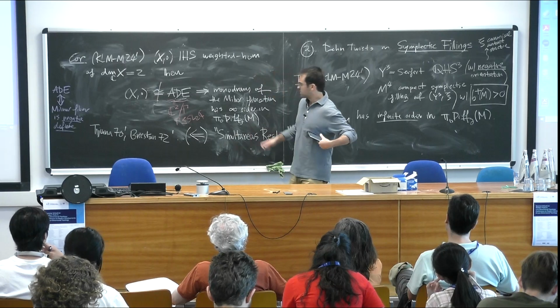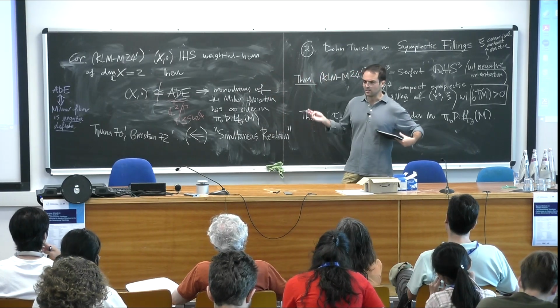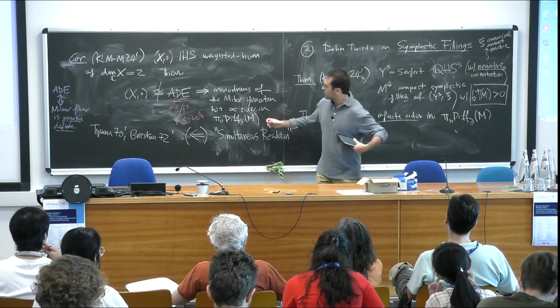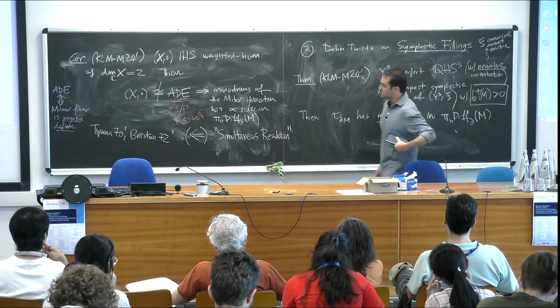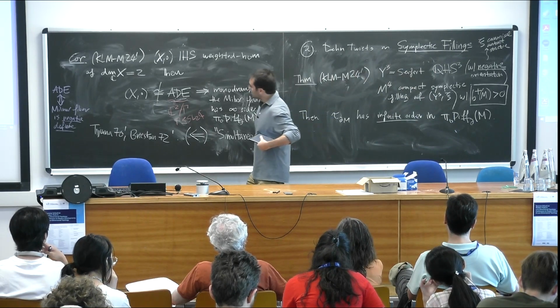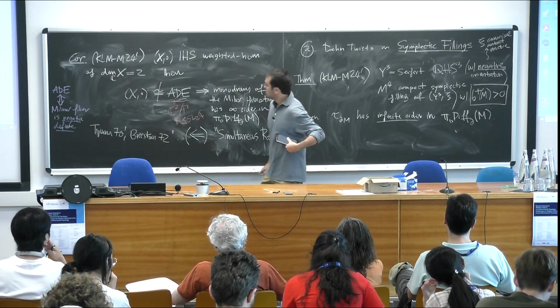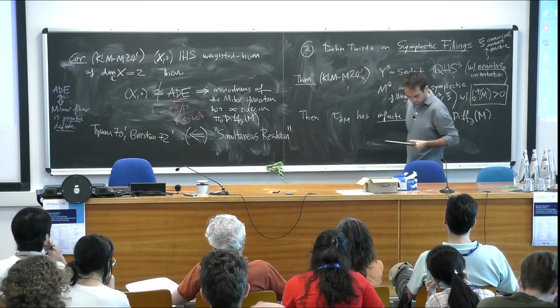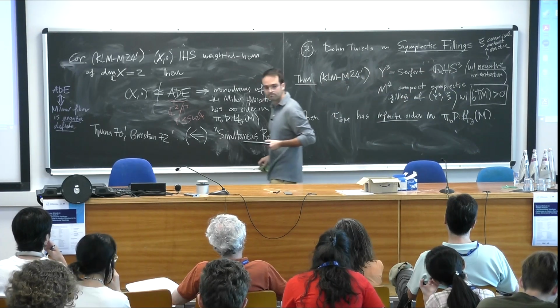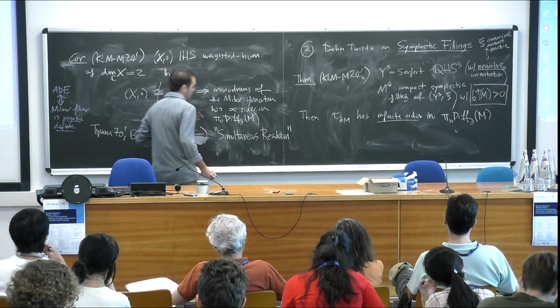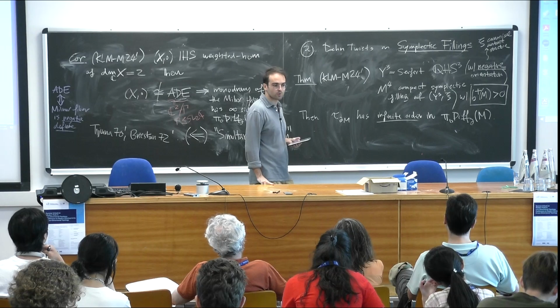For instance, whenever the link of the singularity is an integral homology sphere, it will have finite order monodromy. So this is a behavior that's quite special to the surface case. Okay, maybe I'll pause for questions if there are any.